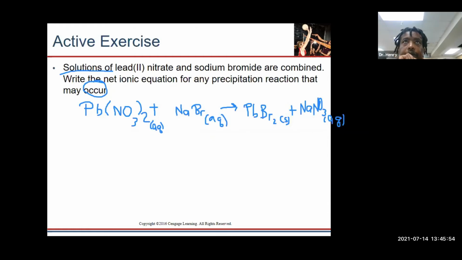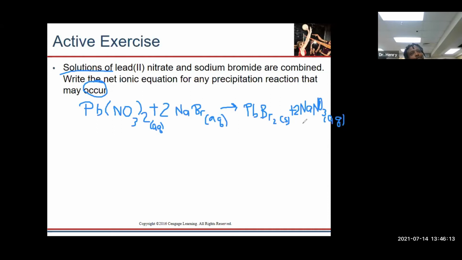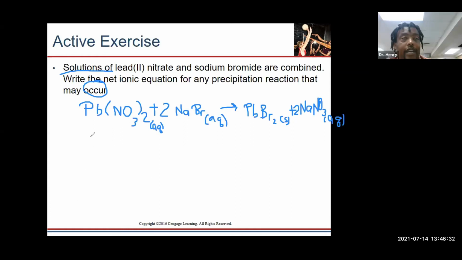So I need a 2 on the NaBr, and a 2 on the sodium nitrate. Okay, is it balanced now? I'm assuming that's a yes.